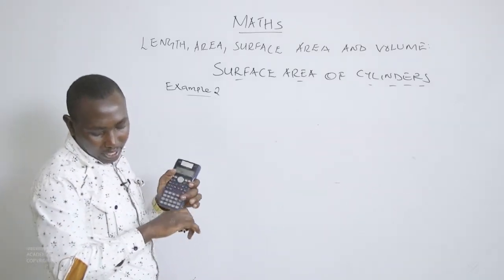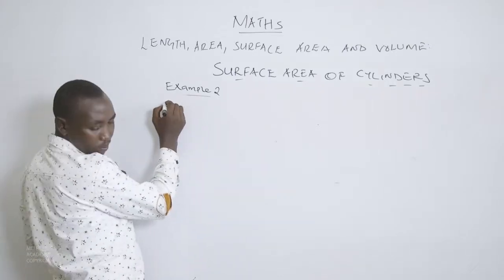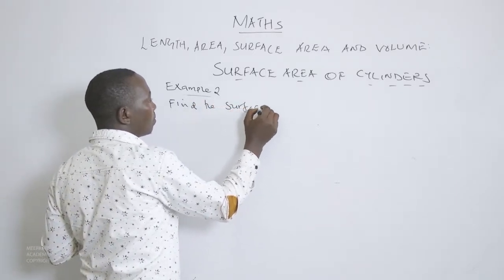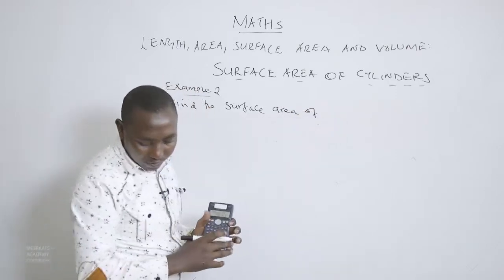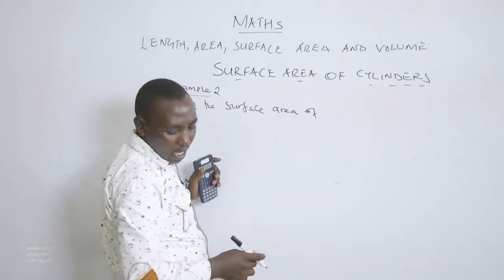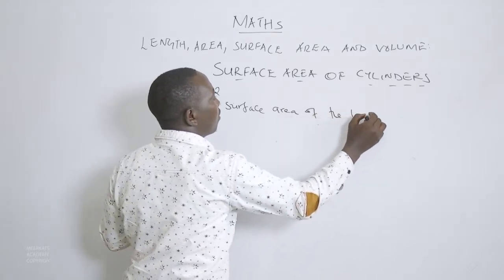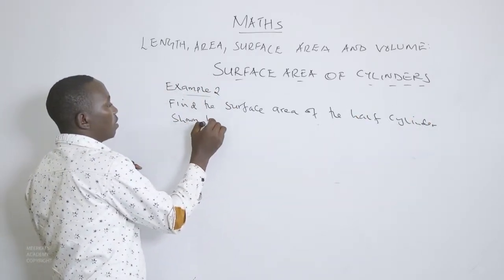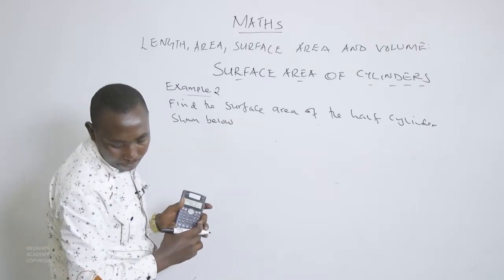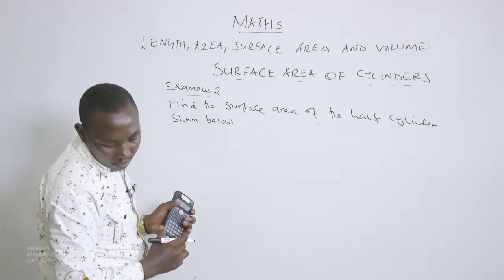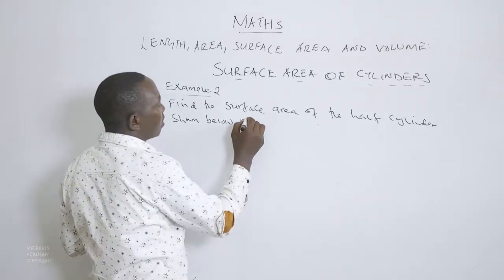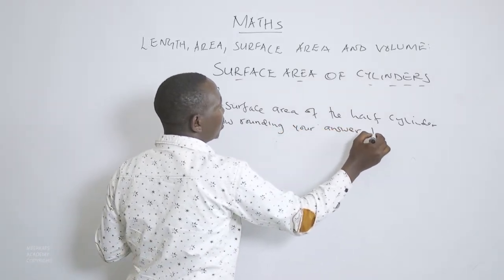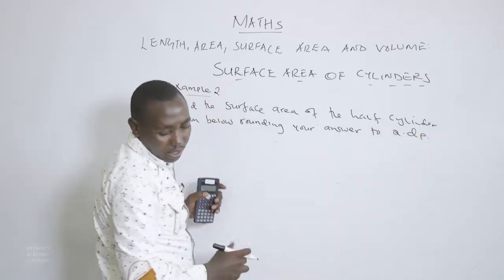We are told to find the surface area of the half cylinder shown below, rounding your answer correct to 2 decimal places.